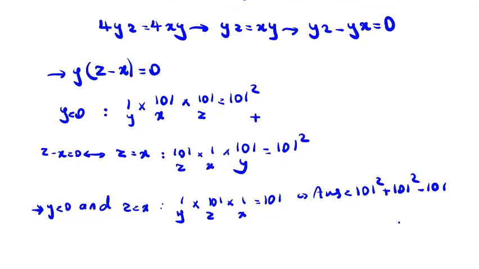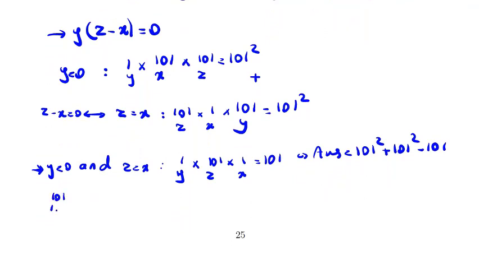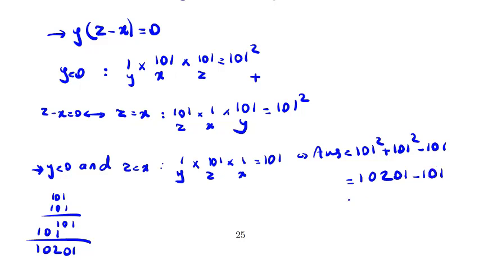And if you calculate 101 squared, it will be what? Let's calculate. 101 times 101 is 10201. So it will be 10201 minus 101, which gives 10100. And we have two of these, 101 squared twice, so let's multiply by 2.